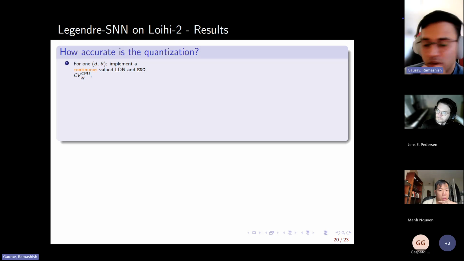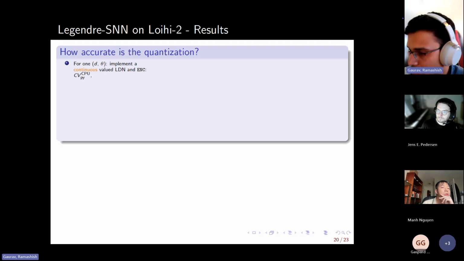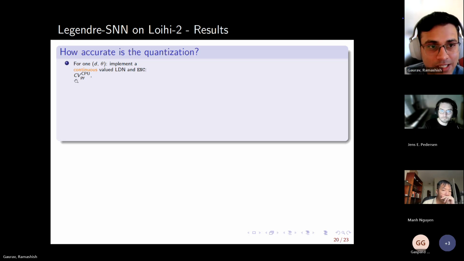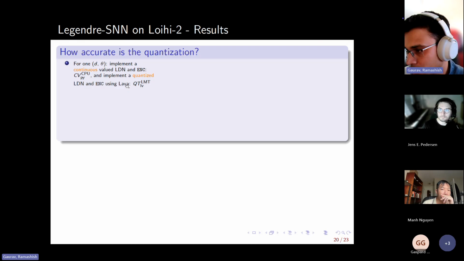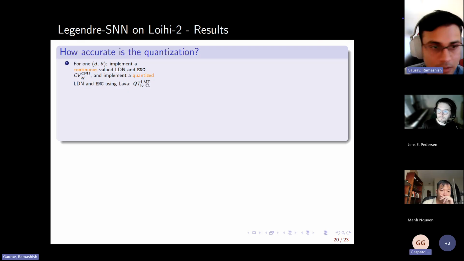So for us, since we implemented an LDN as a quantized operation, a quantized model on the Lakemont core, let's say that for one particular value of d and theta, you implement a continuous valued LDN and encoding process on the CPU, denoted by CV CPU Py, which is continuous valued on CPU using a Python implementation, and then implement the quantized LDN and encoding using Lava, denoted by quantized LMT Lava.